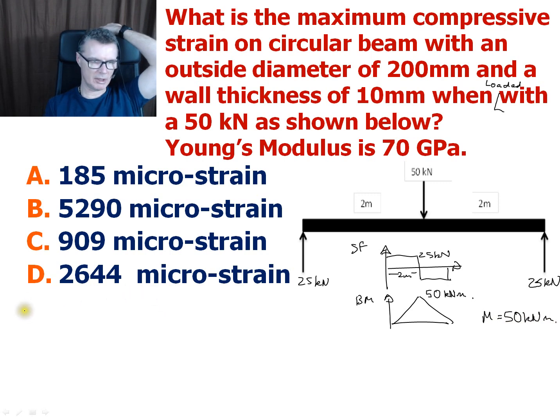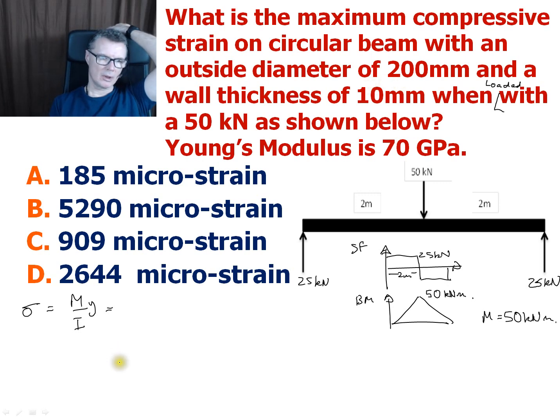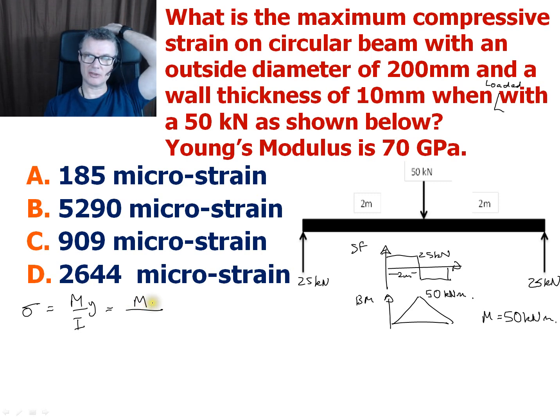I want to find my bending stress next. So bending stress will be M over I times Y. So you need to look up your second moment of area for a hollow tube, which I know is going to be, and the Y will be obviously half the diameter.